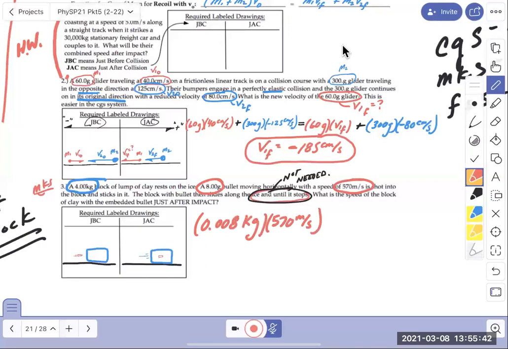I've established, and this is kind of a given, that to the right is positive. Now the block's got nothing, so that's a plus 0.